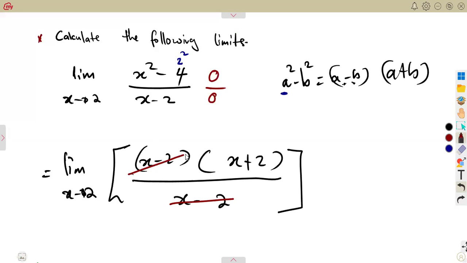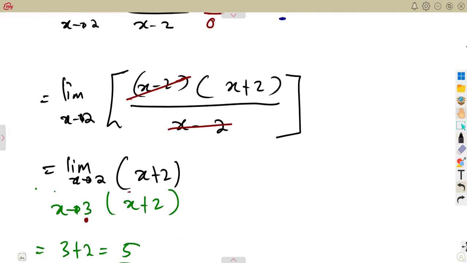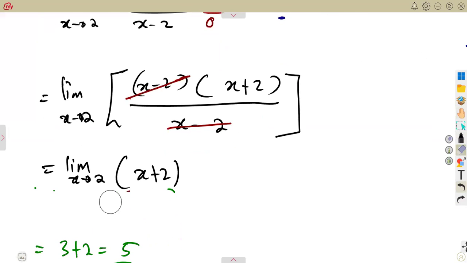Divide the x minus 2 by the x minus 2, which is the same part that we are given. We remain with the limit as x approaches 2 of x plus 2.